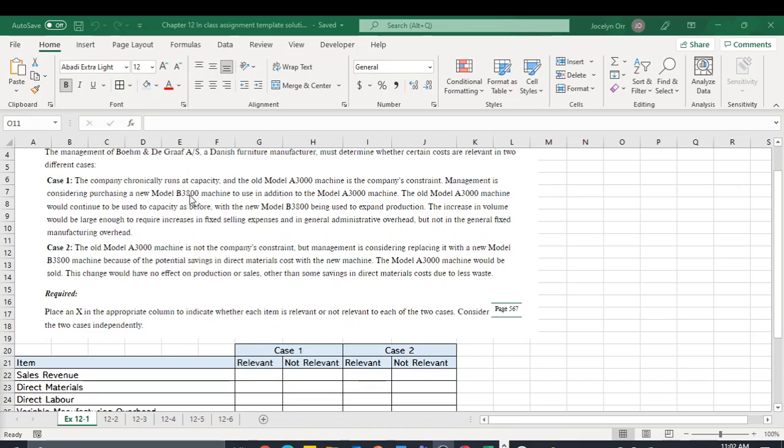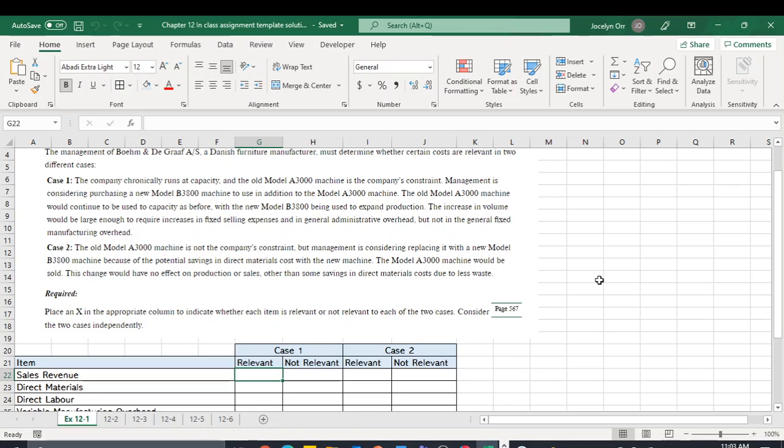Buying this new machine, increasing our capacity to expand production, coupled with an increase in volume that increases our fixed selling expenses, is going to result in a higher sales revenue. So if we don't purchase that machine, our sales revenues will remain at what they are. If we do purchase, they are going to increase.